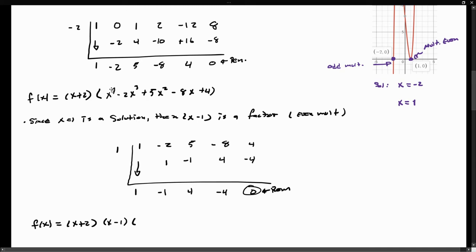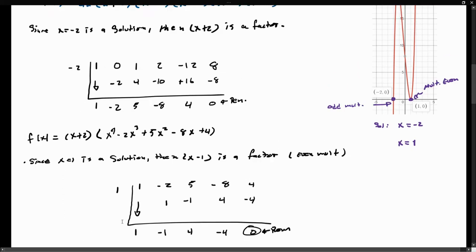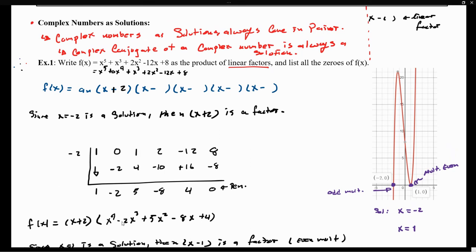My highest exponent was 4, so this 1 should be the coefficient of x to the third. So we're going to get x to the third minus x to the second plus 4 minus 4. In other words, we're breaking down our f of x into linear form. So now I know that my second factor is x minus 1.